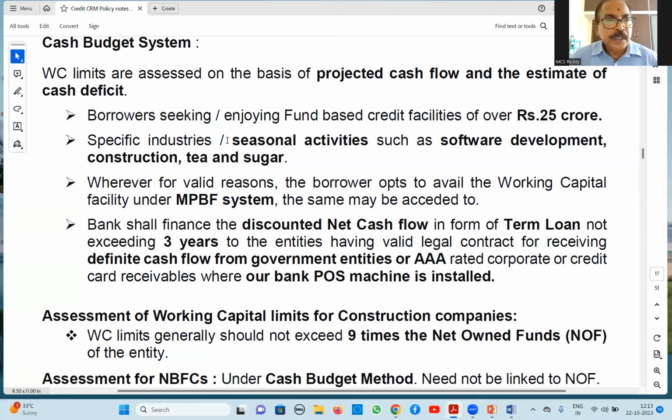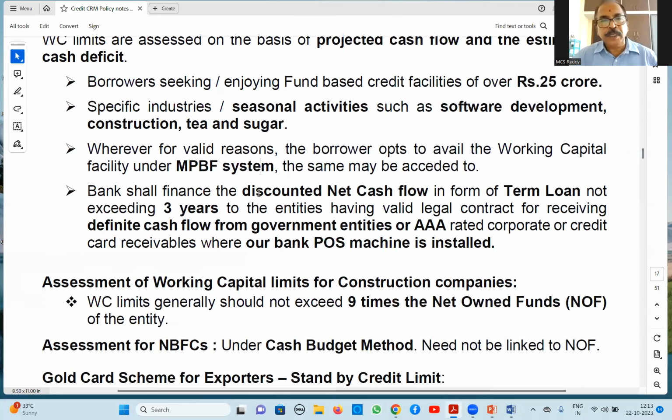So there also this cash budget system is applicable, and NBFCs also compulsorily, under the cash budget system only we have to assess working capital limits. Wherever for valid reasons the borrower opts to avail working capital under the MPBF system, the same may be allowed. So the party will come and ask, I need 50 crore working capital. How do you do it under MPBF? You have to do it, because I told you MPBF will prevail, with priority over the other two systems.